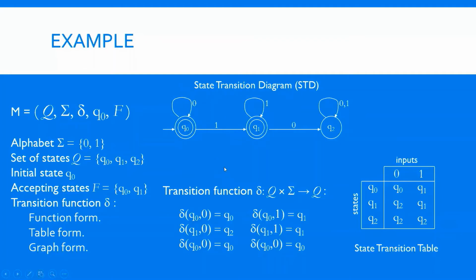You can take 0, 1 as candidates. 0, 0 is accepted. 0, 0, 1 is accepted, because this is also a final state. Only 1 is accepted, so 1, 1 is accepted. 1, 0, 0 is rejected, so you cannot put it in the language of this machine.